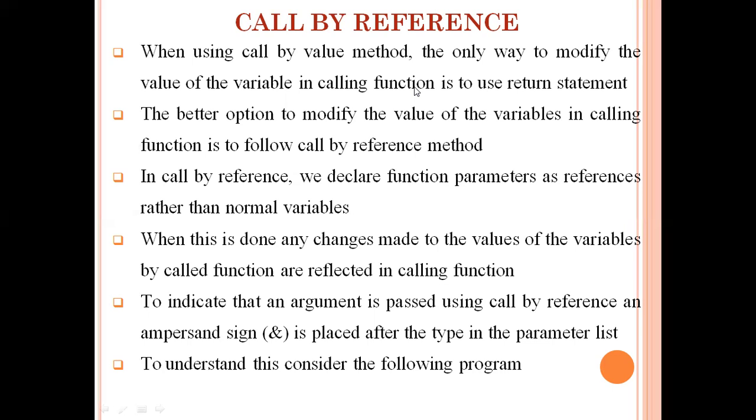If you want to make modifications in both the called function as well as the calling function by following call by value, we have to use a return statement. This is the only way to reflect the modifications in both the called function as well as the calling function.